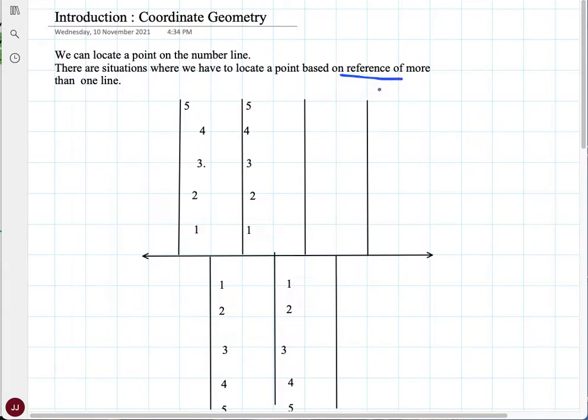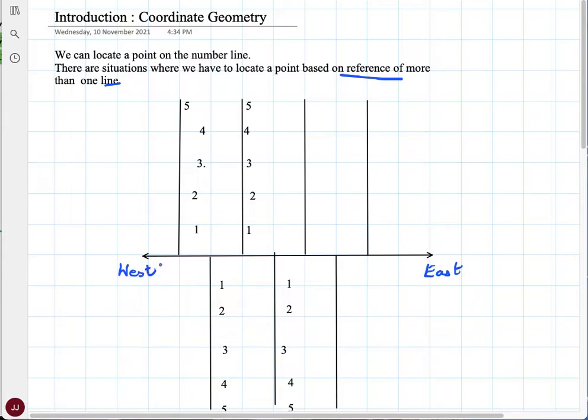So we need references of more than one line. Let's say we have a street or a road running in the east and west direction. So let this be east and this be west.